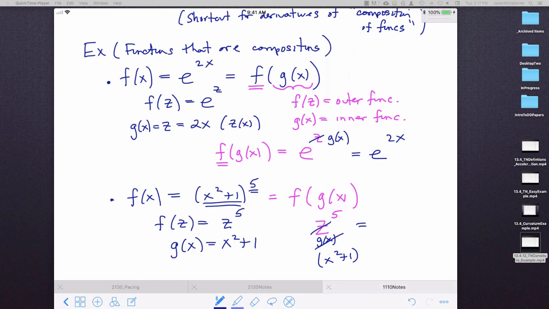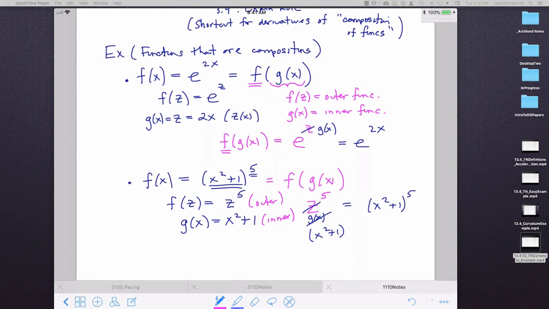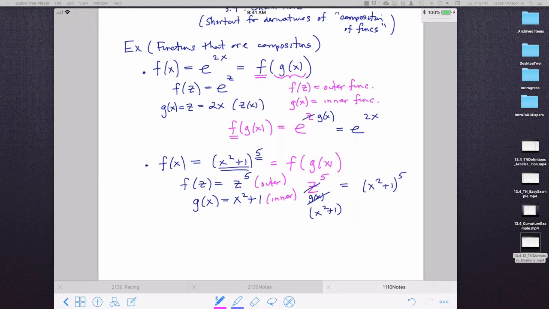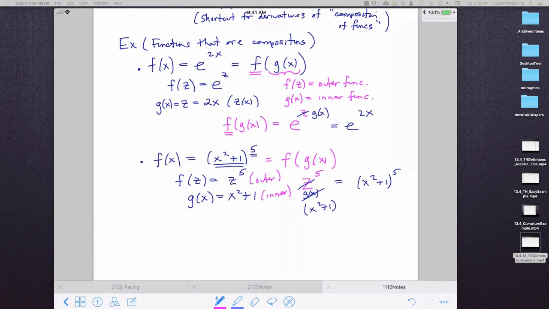So we were seeing x squared plus 1 on the inside to the 5th power on the outside. Okay, so z to the 5th is your outer function, and x squared plus 1 is your inner function. Okay, so f of g of x, those are some letters that we could use for these functions.